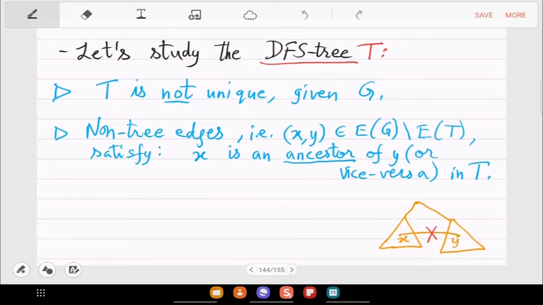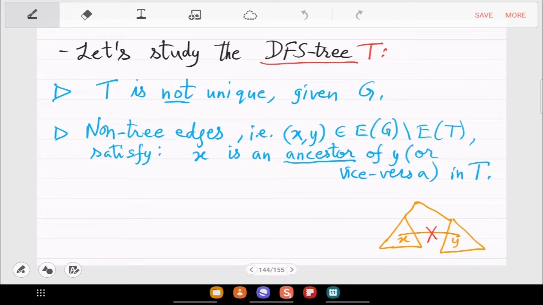But still there are some fundamental properties. The main one is that the non-tree edges, which I was labeling B for back edge in the diagram, are never like this. So xy is a back edge, a non-tree edge.